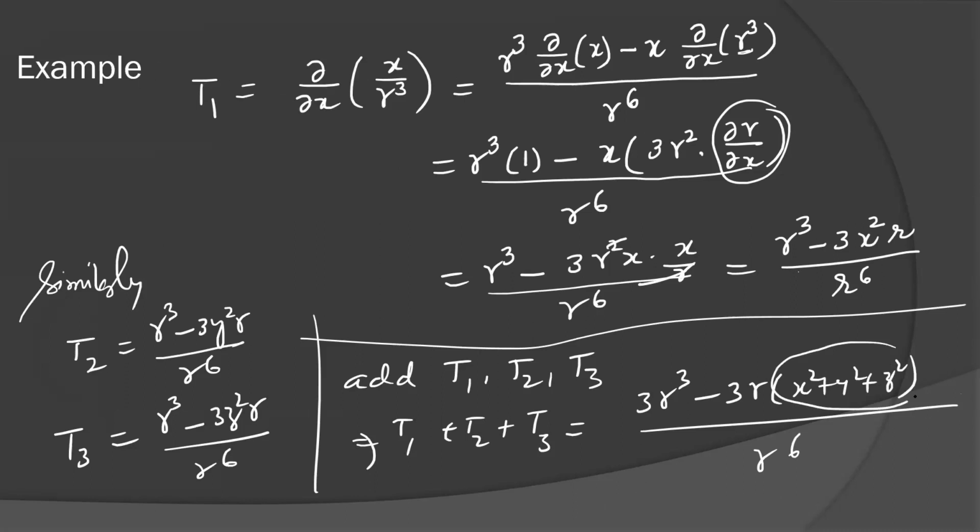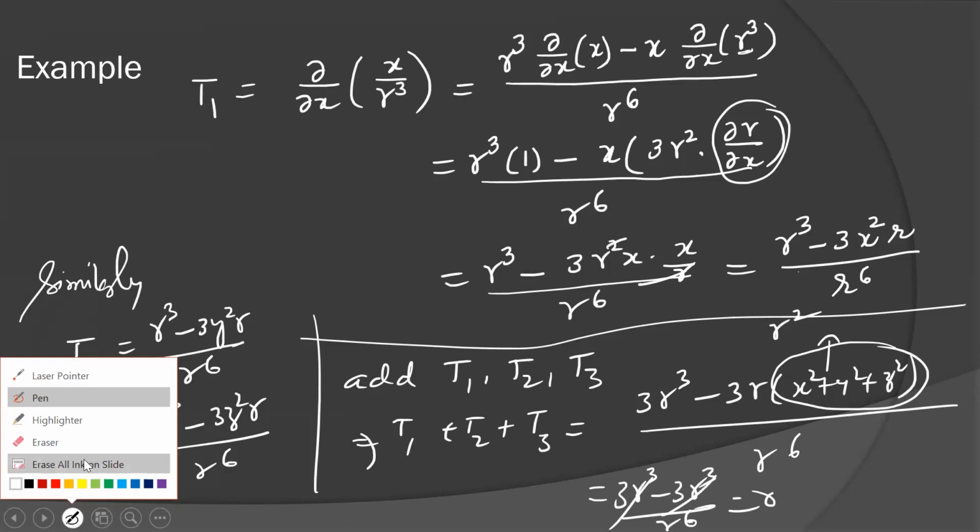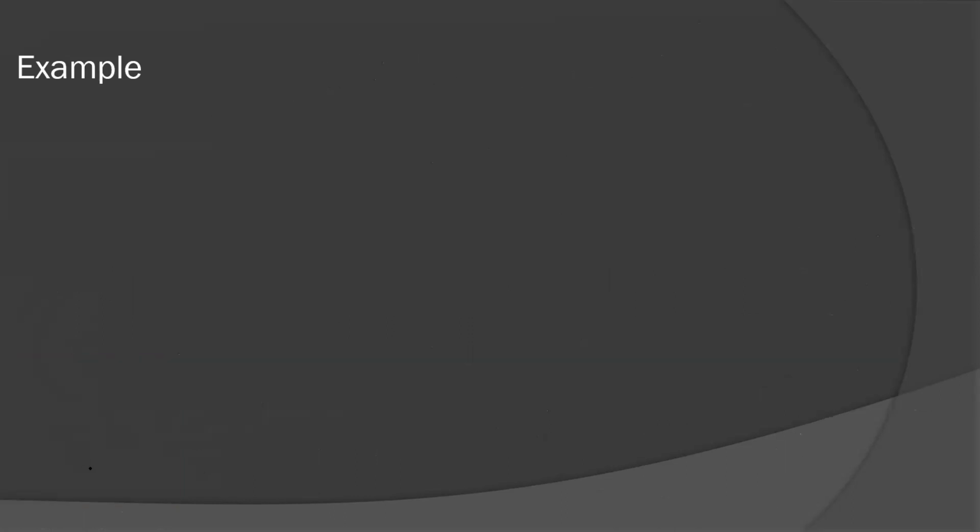This value is equal to R square only. So it will become 3R cube minus 3R cube over R to the power 6. So this is 0 because this value is R square. So this is a very good example. Similar problem I have discussed in gradient also in the previous lecture. Let's see one more example, and I am giving you this example as homework.